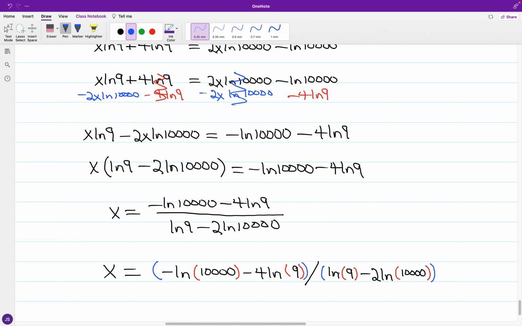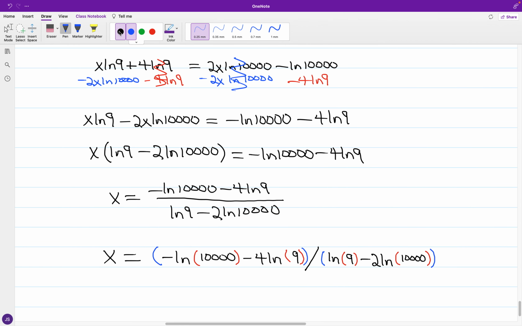So in terms of the numerical value of x, say if I were to round to the nearest 4 places, we got the negative of the natural logarithm of 10,000 minus 4 times the natural logarithm of 9, close out for 9, close out for the numerator, divided by the quantity, the natural logarithm of 9 minus 2 times the natural logarithm of 10,000.